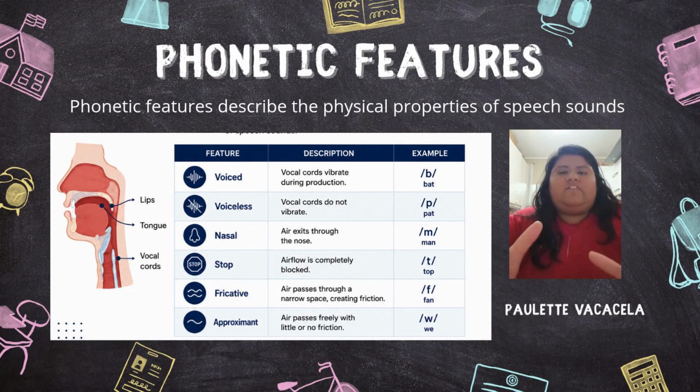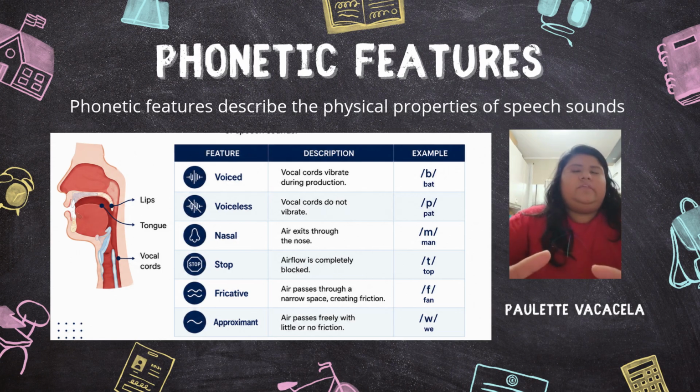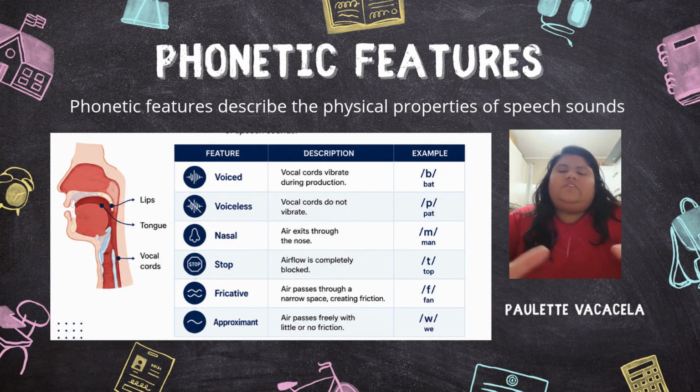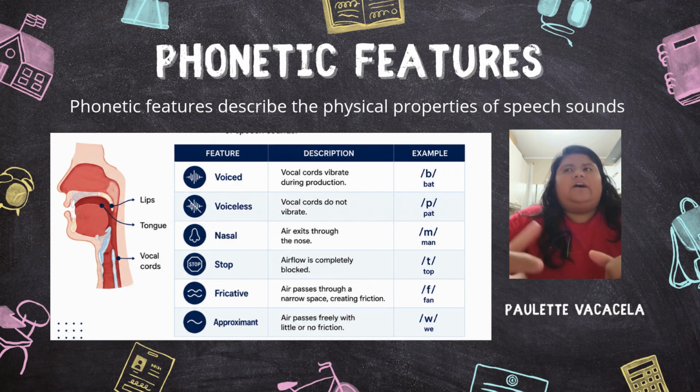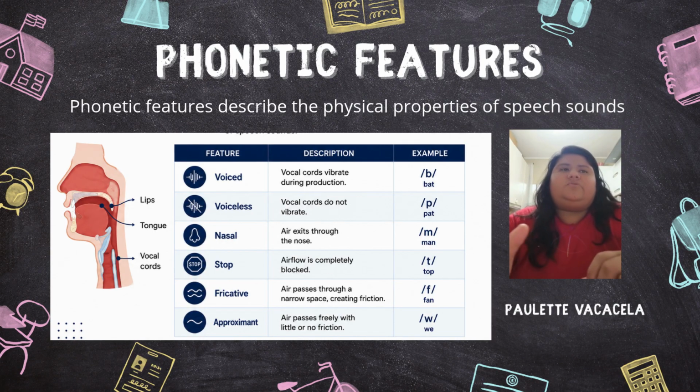Finally, we have approximants like W that are produced when there is very little obstruction to the airflow. And all these phonetic features help us understand the difference between speech sounds. They are a little difficult, but we have to check them because they help us with our pronunciation.